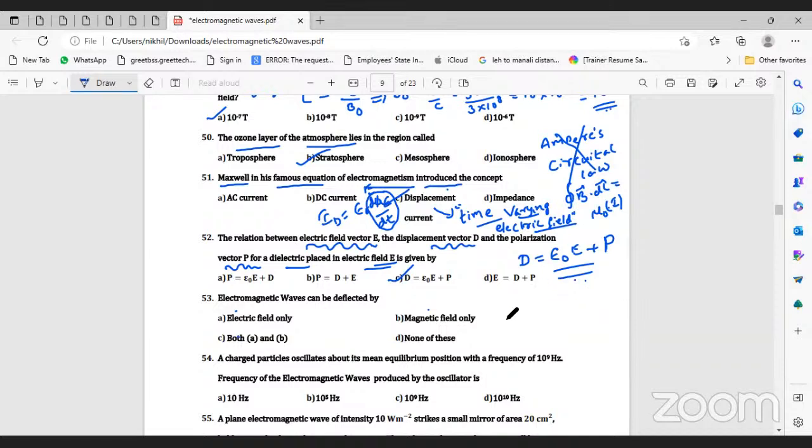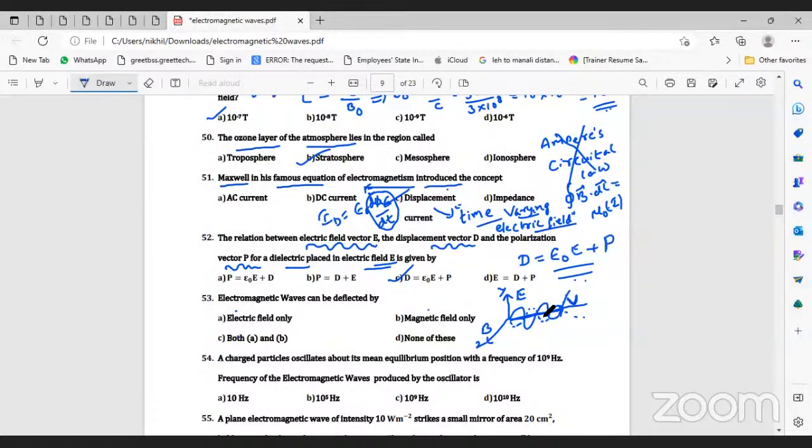The electric field is acting along the y-axis, the magnetic field is acting along the z-axis, and the wave is moving along the x-axis with velocity v. So the electric field and magnetic field are mutually perpendicular, but the wave is not moving towards the y-axis or the z-axis, it is moving along the x-axis.